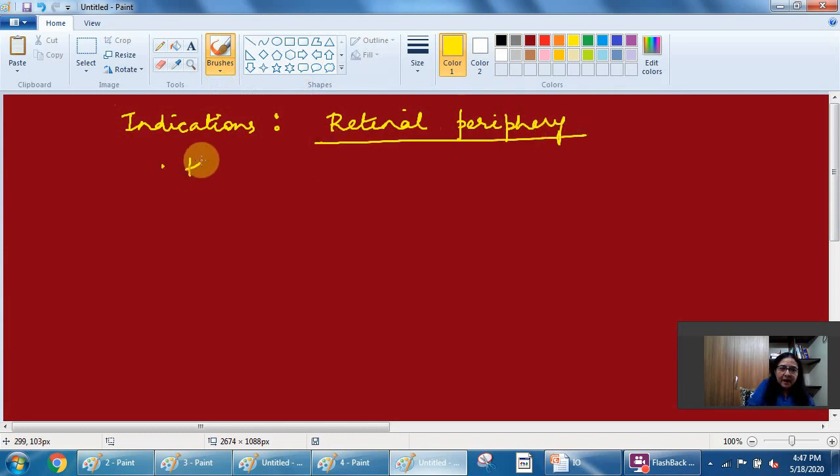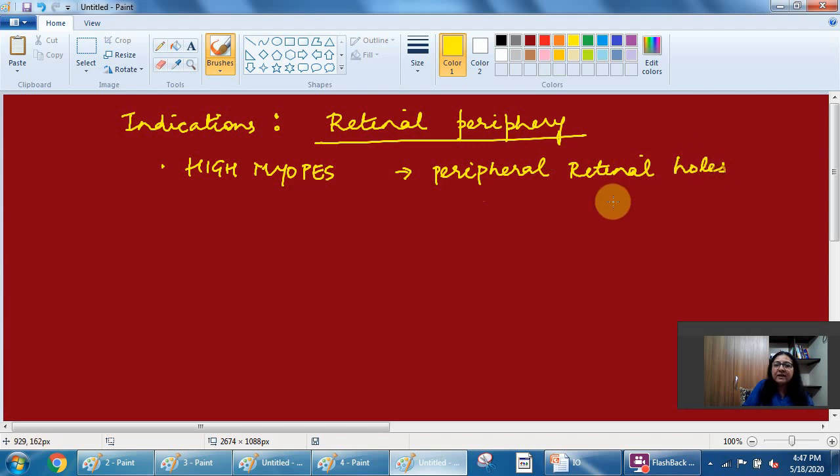For example, in high myopes, as you know, high myopia is a risk factor for various peripheral retinal degenerations like retinal holes or lattice degeneration. So when you want to screen for them, you have to do indirect ophthalmoscopy.